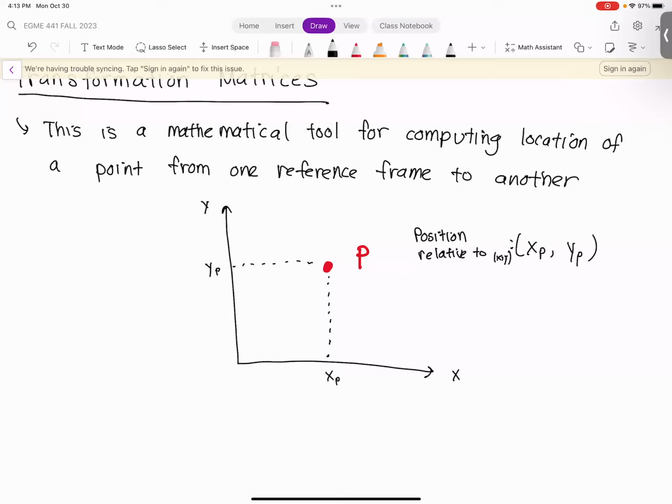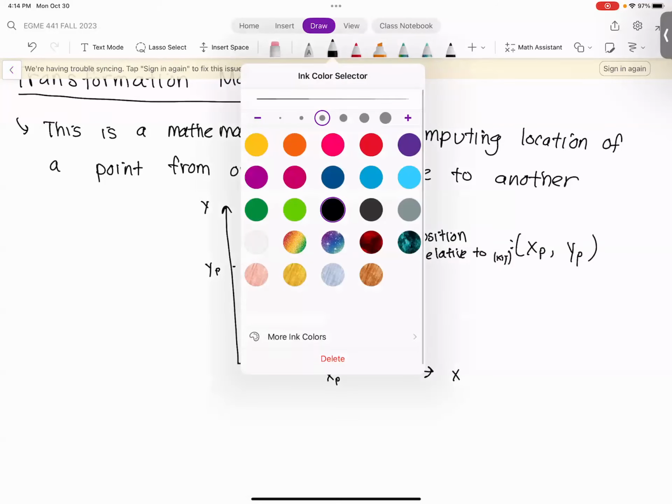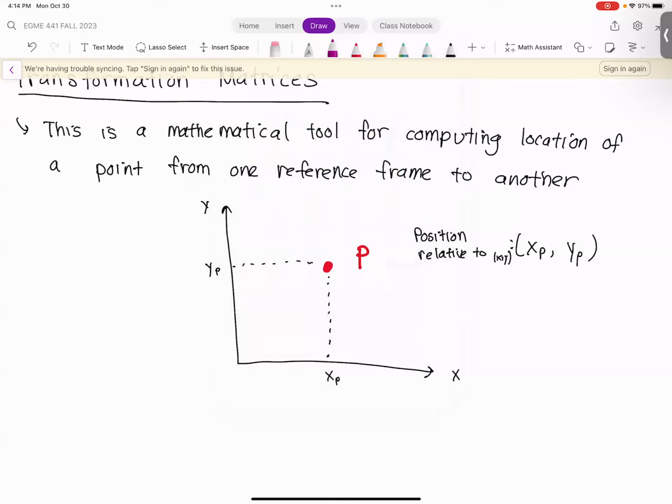Without moving the point, we're going to leave the point in the exact same place. All I'm going to do is shift my coordinate axes a little bit. This shifted coordinate axes is relative to the original axes, but just rotated slightly. In purple here, I've drawn a new coordinate system.